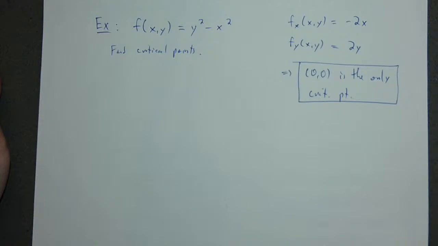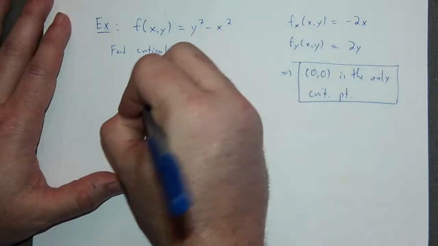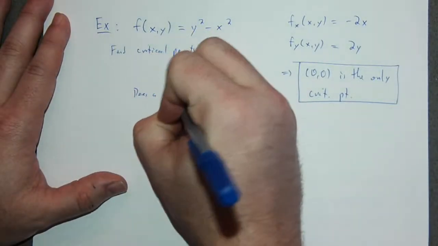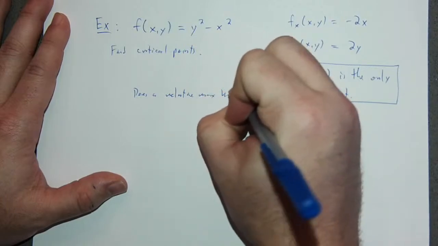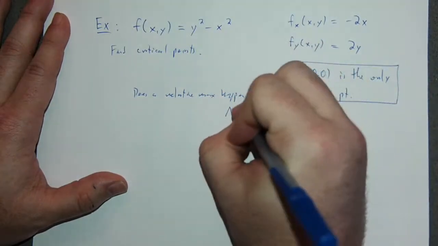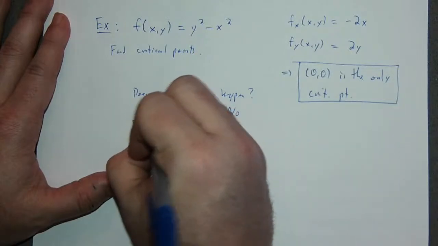Now, the question is, what happens there? Does a relative max happen? No, right? Does a relative min happen?